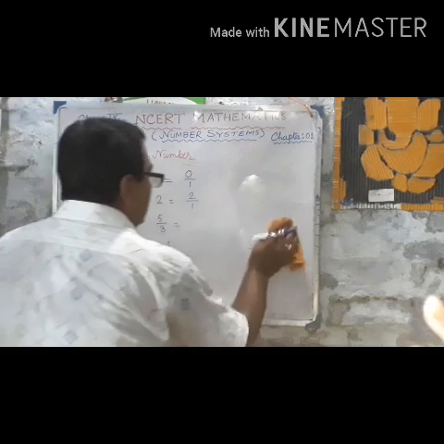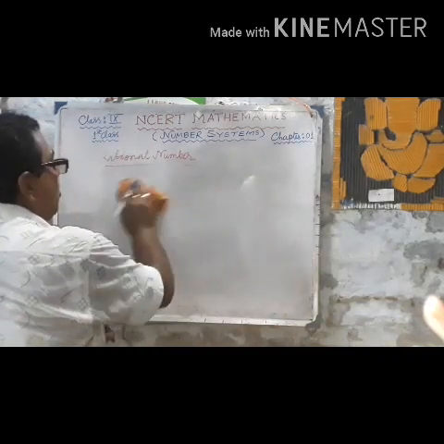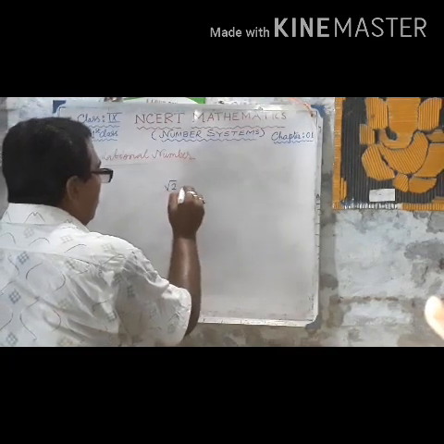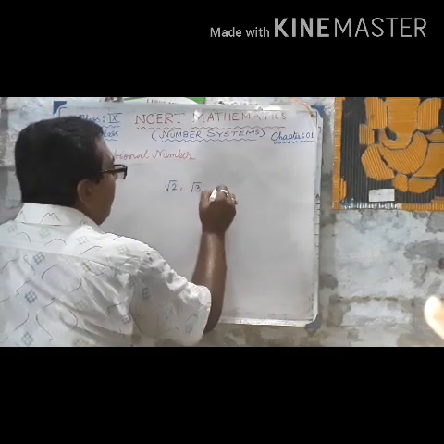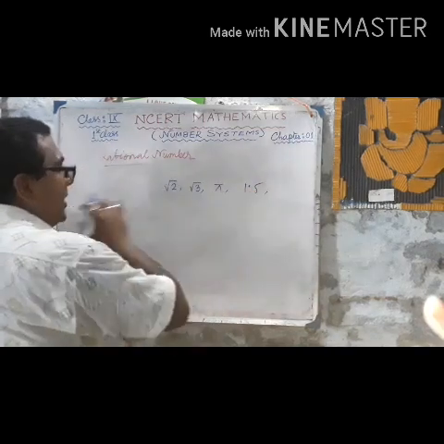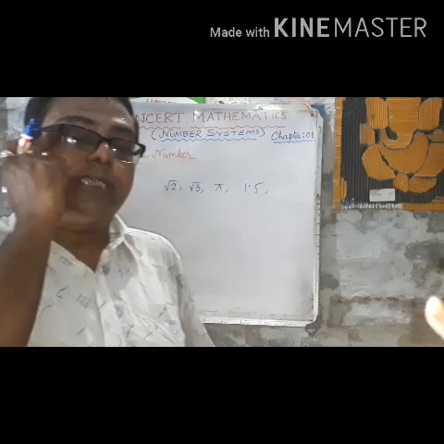But root 2, root 3, pi, these types of numbers are not rational numbers.